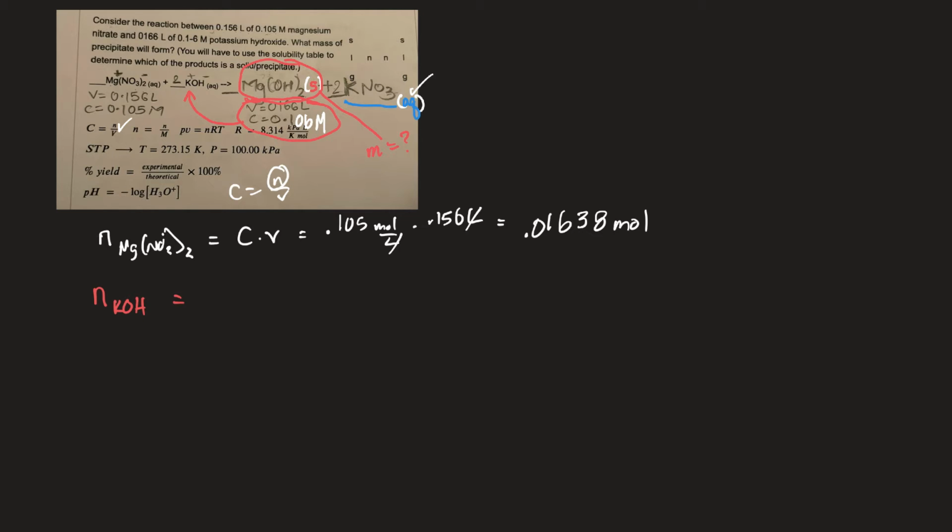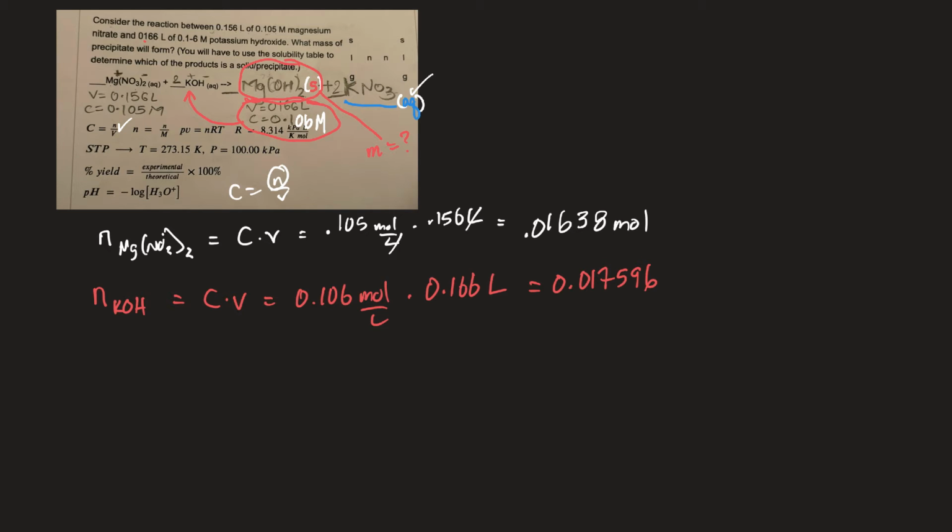And again, it's the same, it's going to be C times V. So the concentration is 0.106 moles per liter, and the volume is 0.166 liters. Okay, let's multiply those together. 0.106 times 0.166. So this comes out to 0.017596.